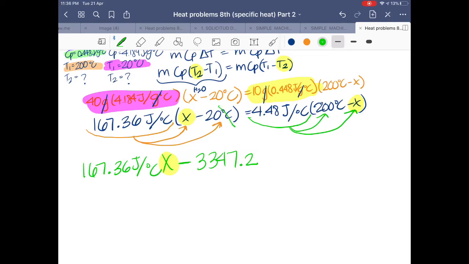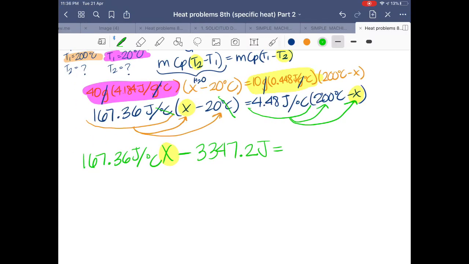You cancel degrees Celsius with degrees Celsius and you have joules equals 4.48 times 200 equals 896. You cancel degrees Celsius with degrees Celsius and you have joules minus 4.48 joules over degrees Celsius x.